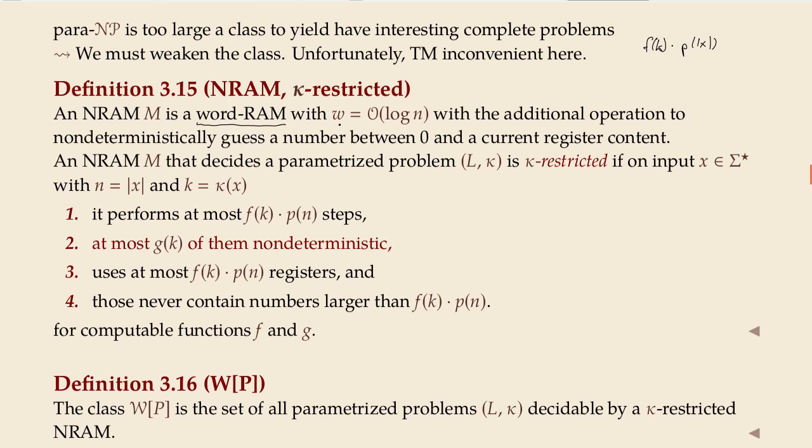And for this model to be a nice model in terms of the costs, we want to assume that the word size grows with the input size. That was the model that we discussed in the beginning. This will not play a big role here, but with that choice, we're essentially in the realm of the uniform cost model.